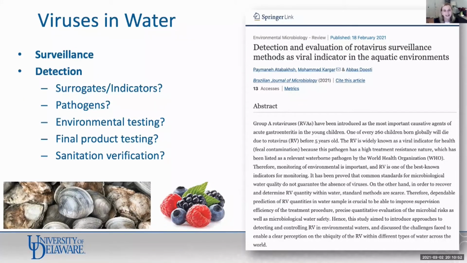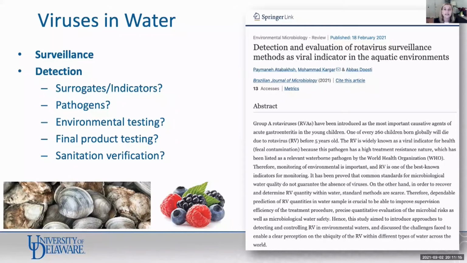In terms of food science, we are typically thinking about shellfish and berries. There are various methods that we can use to test to see whether or not these products are safe to consume. We can also look for viruses for surveillance. And many times we ask questions about which viruses should we test for?